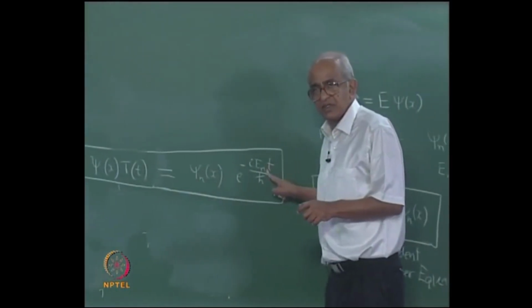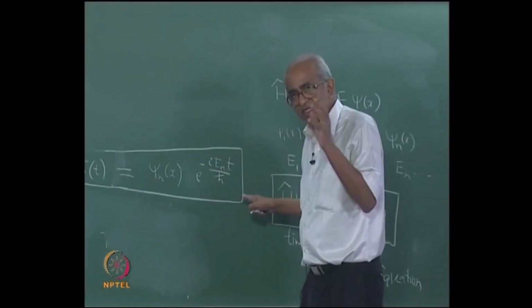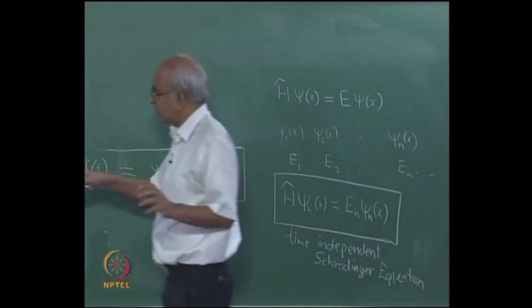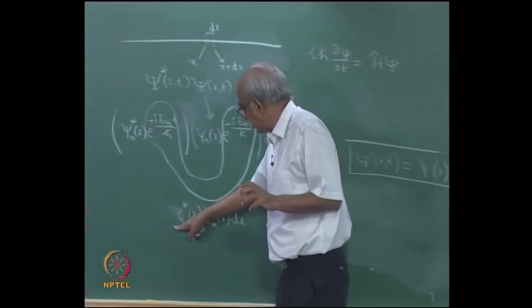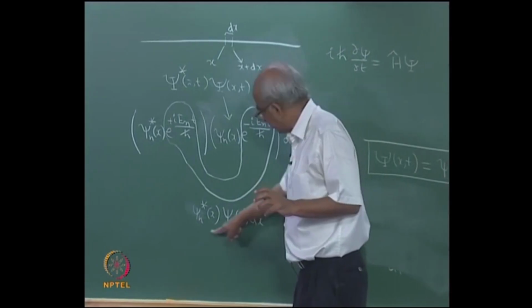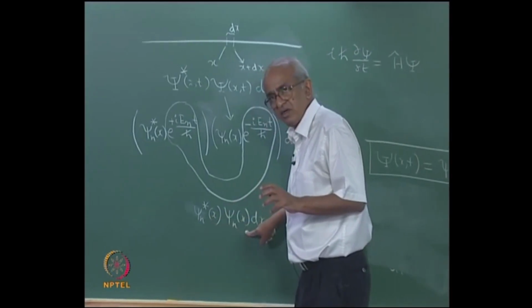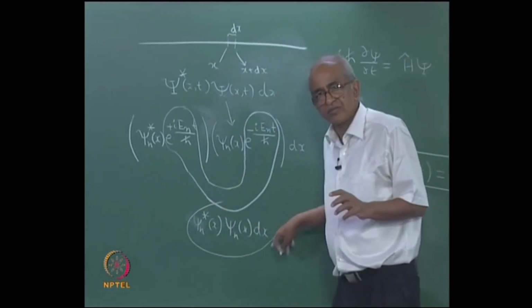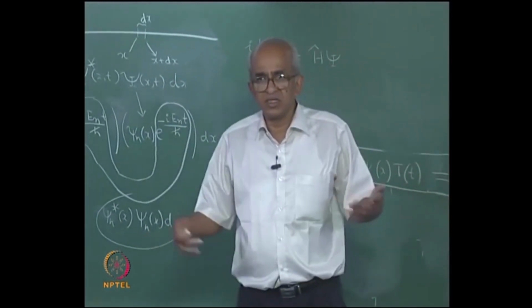There is time dependence here, but this dependence is very special. It is very special in the sense that if you calculate the probability density, this product, or if you calculate the probability which includes that dx also, then you find that it is independent of time.